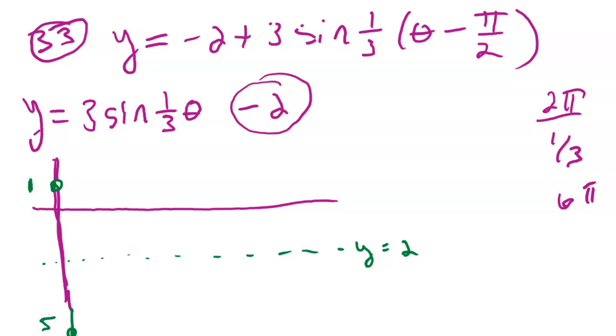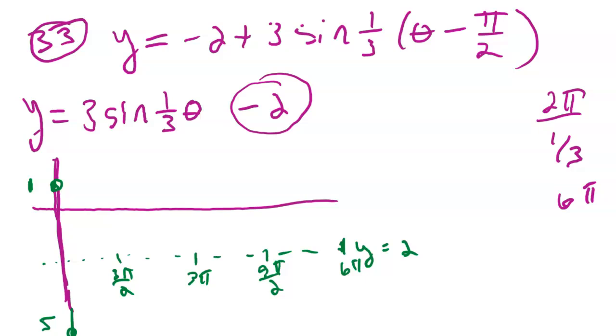I'm kind of off the screen. I don't know if that works out. My period is 6 pi. I don't know if I'm going to put it on the x-axis or this. 6 pi, 3 pi, 3 pi over 2, 9 pi over 2.